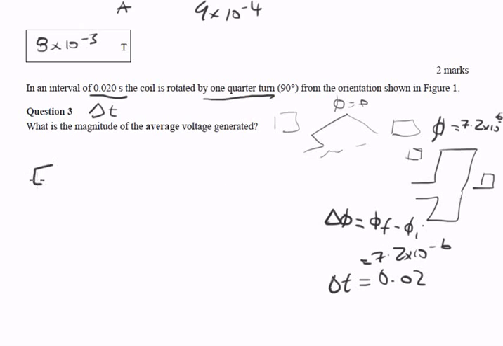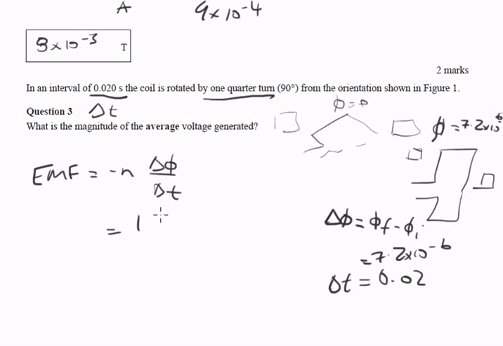So the actual calculation, EMF equals negative N, change in flux over change in time. N is 1 because there's only one coil. I'm not going to worry about the negative. That ends up telling us which direction the current flows in, but we're just going to leave that for now.